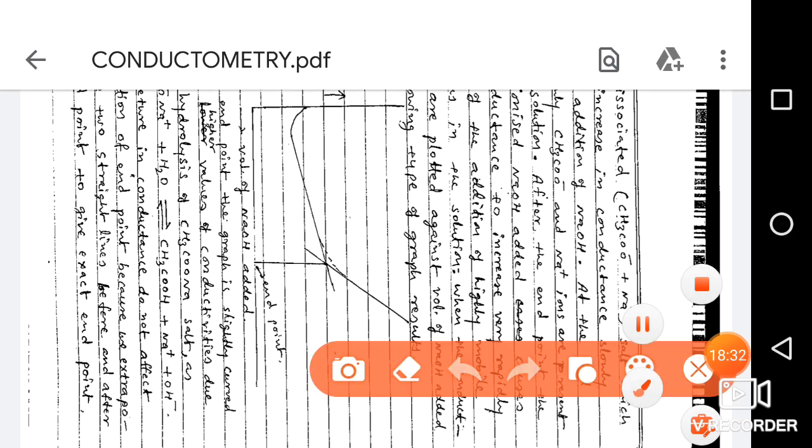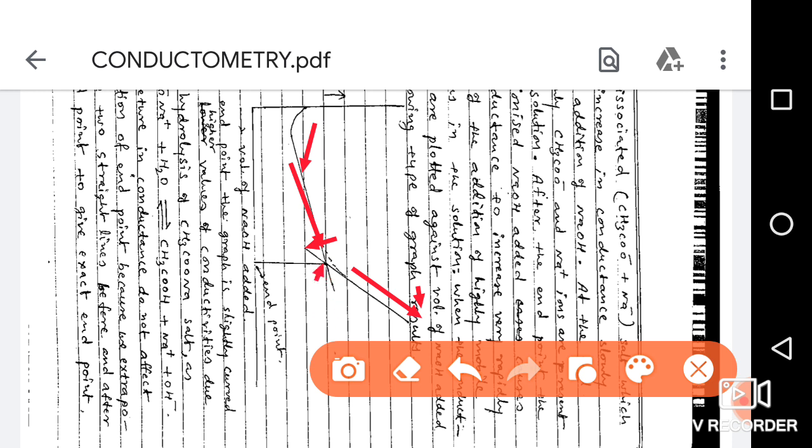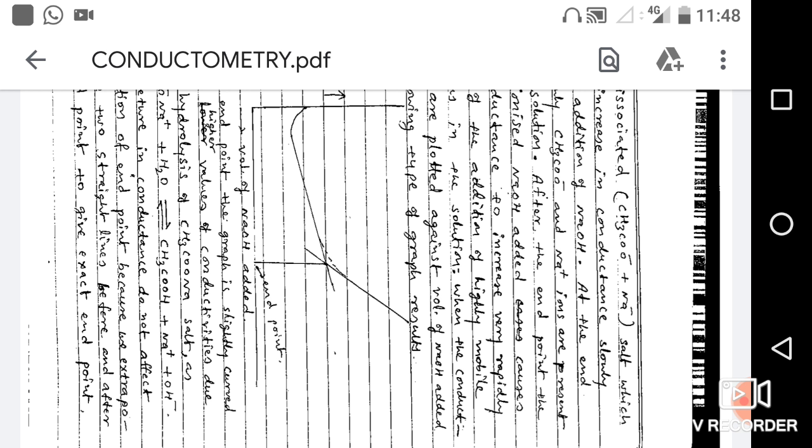What is the nature of the graph? Firstly a slight decrease in the conductance, after that a slight increase in the conductance, and at the end point there is a sharp increase in the conductance. Here is the neutralization point; the intercept point is the neutralization point. The sharp increase in the conductance at the end point is due to the hydrolysis of sodium acetate ions.